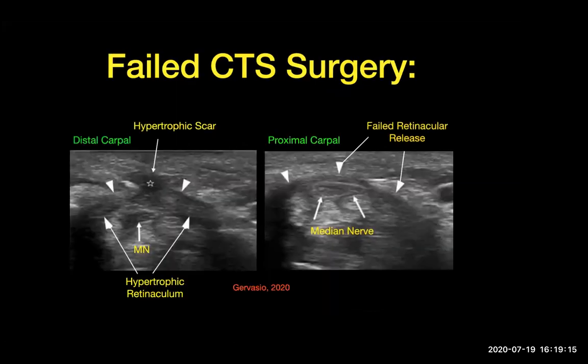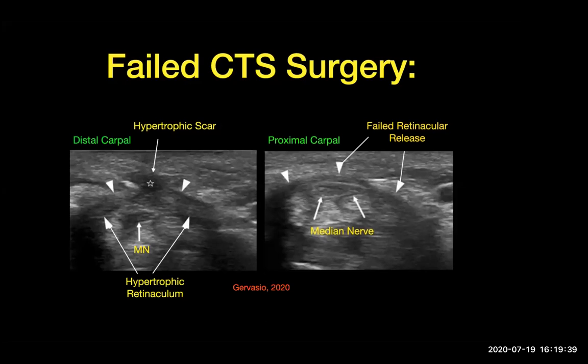Now, for some of you, you may be seeing patients who have been operated already, and you would like to see whether the procedure was done completely. So here is what you can see, and you can also scan it by yourself.